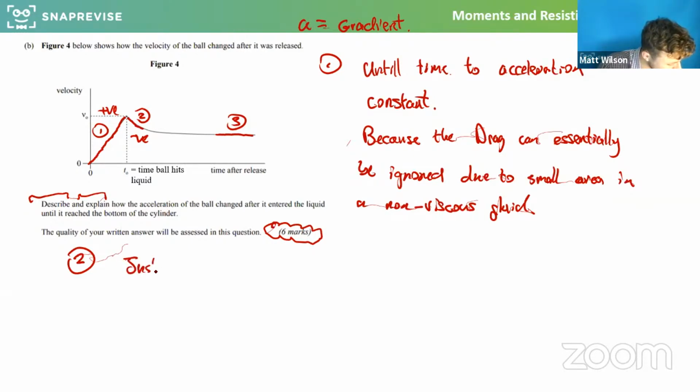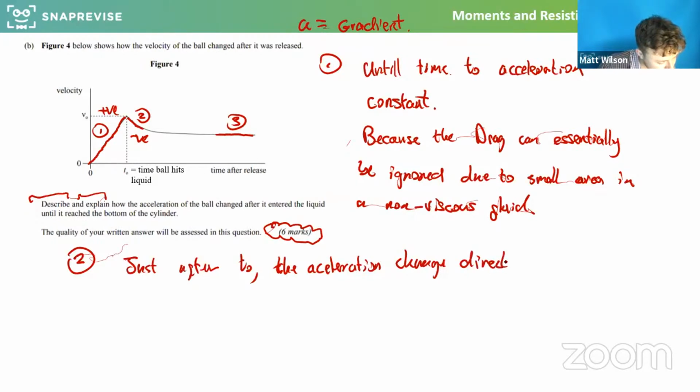just after t0, we can say that the acceleration changes direction and points upwards.